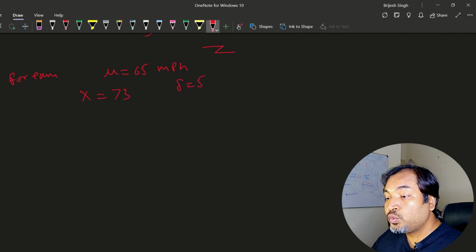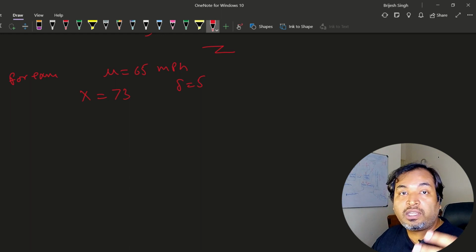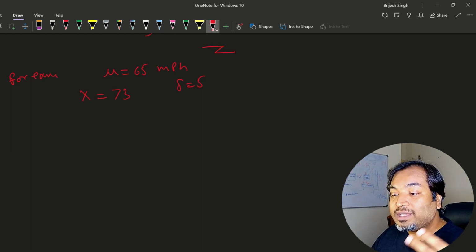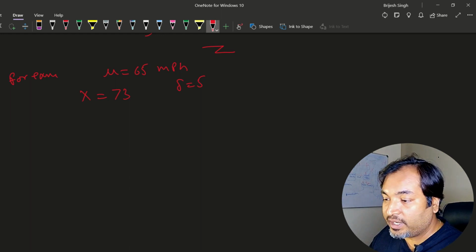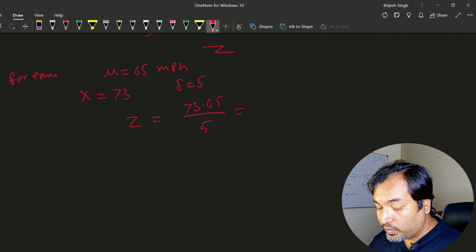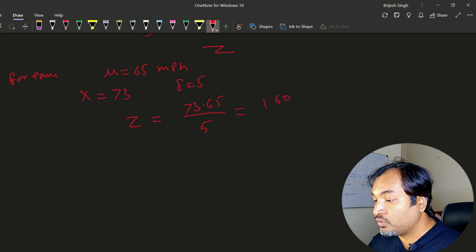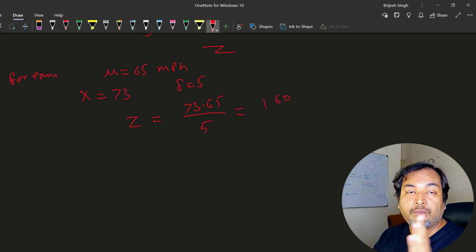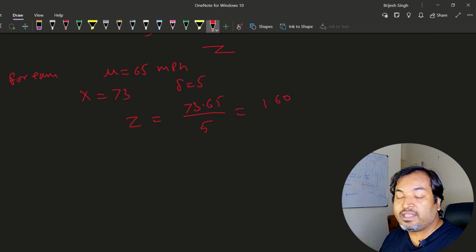So you are actually driving a car faster than the average speed, right? So in that case, what will you get as the Z score? So Z score is 73 minus 65 divided by 5. You will get 1.60, right? So your cumulative probability will increase in this case.